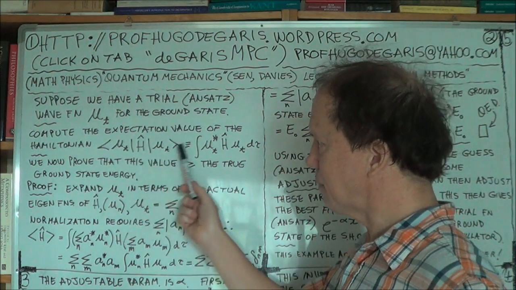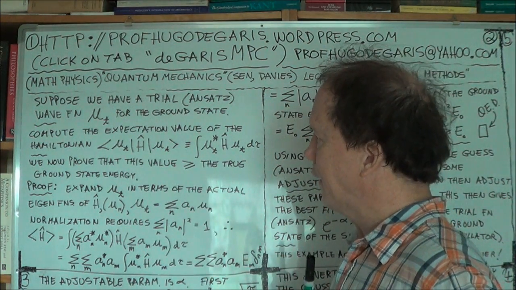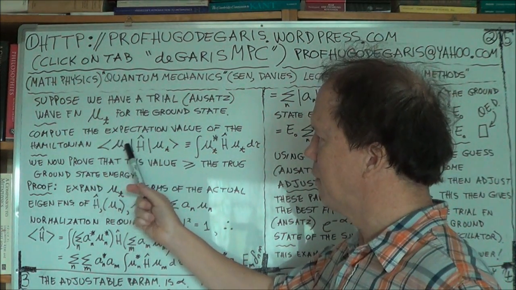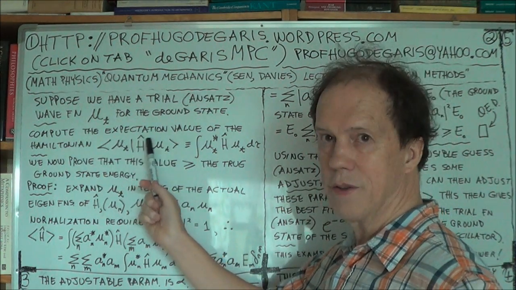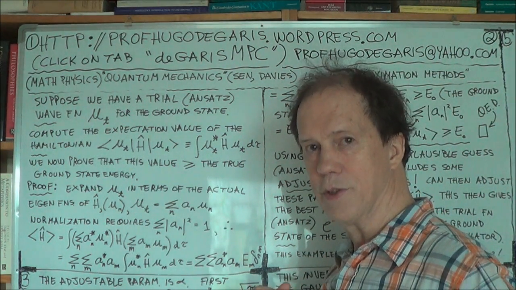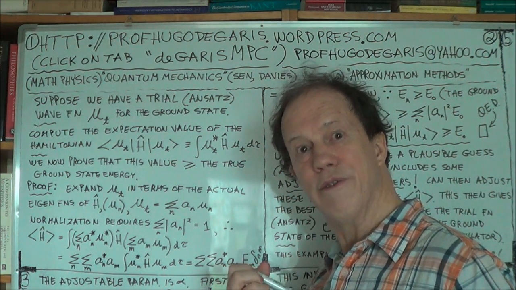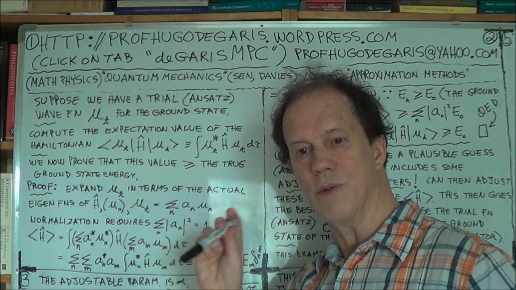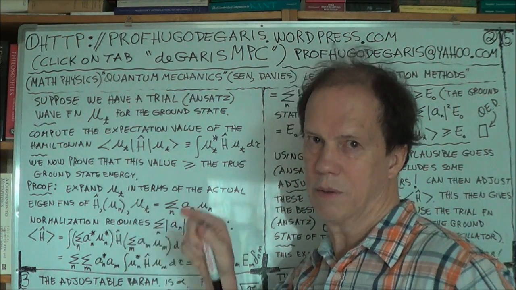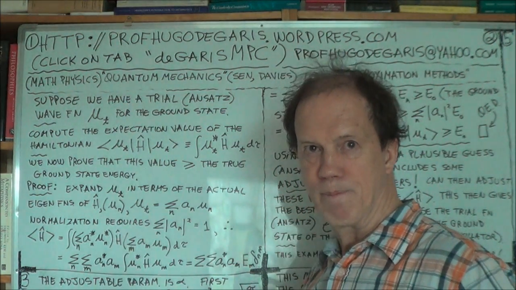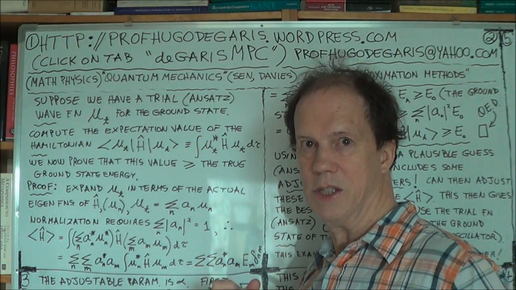With this Ansatz, this trial solution, we hope it is as close as possible to the ground state wave function. In other words, the wave function whose eigenvalue is E0 gives you the lowest eigenenergy, E0.